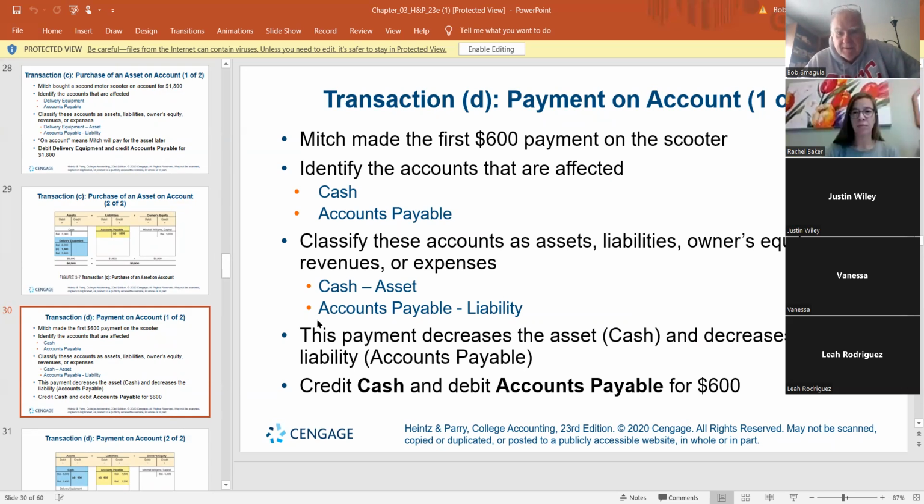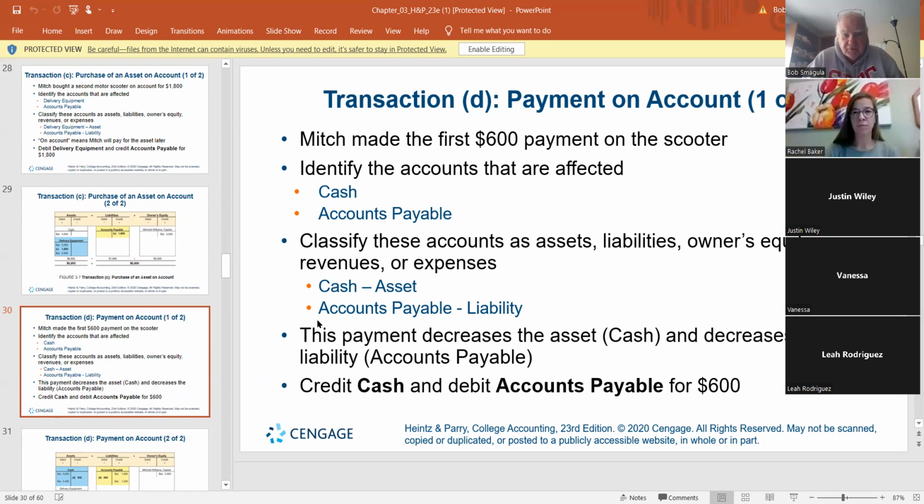Now we have a payment on account. Now we're paying down some of that bill. And the accounts that are affected, of course, are going to be cash and accounts payable. So we are going to decrease these two things. We're going to credit cash.